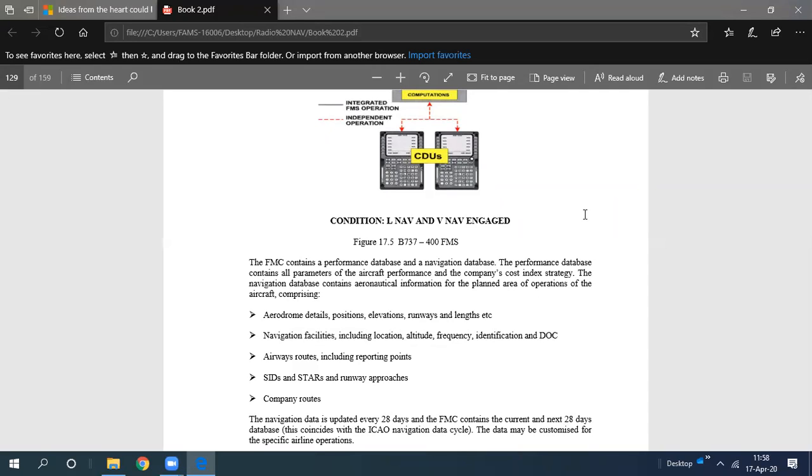You can punch in whatever information is required, and the pilot can modify, amend, or change it. But the permanent database, which is updated every 28 days, cannot be altered.